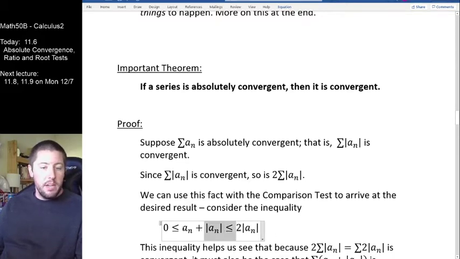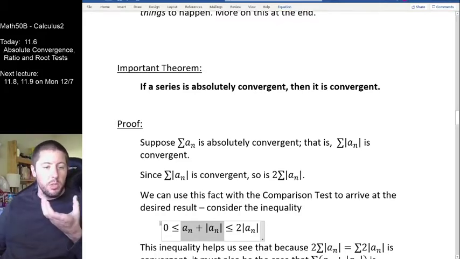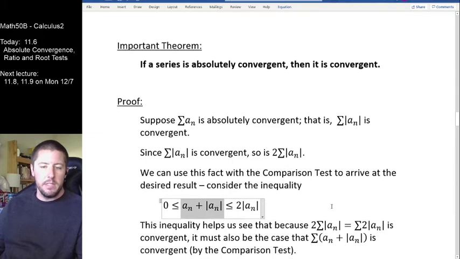Therefore, there should be a series with terms that look like this that also converges by the comparison test, because each of the individual terms is guaranteed less than or equal to each of the terms in a known convergent series. So I know that there's a series with terms A sub n plus absolute value of A sub n that also converges by the comparison test, is what I've just learned here. So that's all I'm saying in this paragraph here.